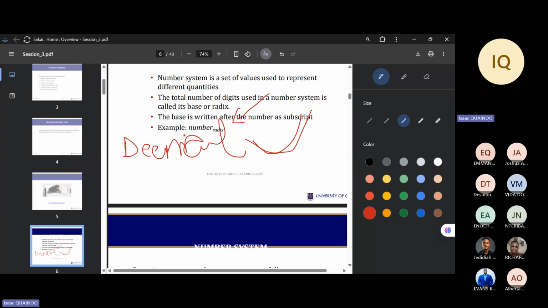Okay. So the first is the decimal number system. We are going to look at binary. That is the second most important number system we are going to look at here. And then after that, we are going to look at the hexadecimal. And then after the hexadecimal, we are going to look at the octal number system.